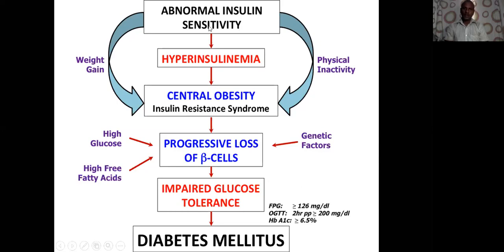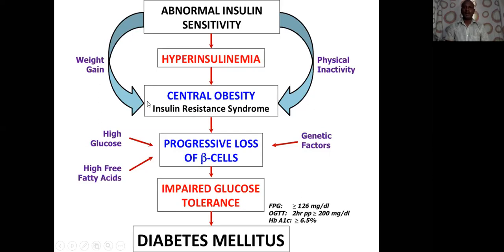If you have hyperinsulinemia, it causes central obesity. Central obesity here means a deposition of fat around your waist and abdomen, and this develops into insulin resistance. Then you have weight gain.